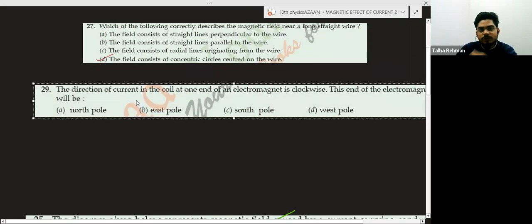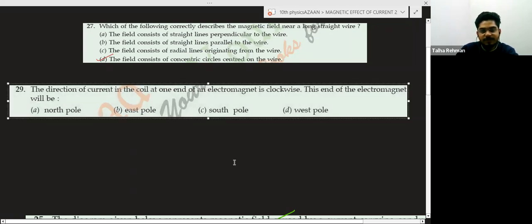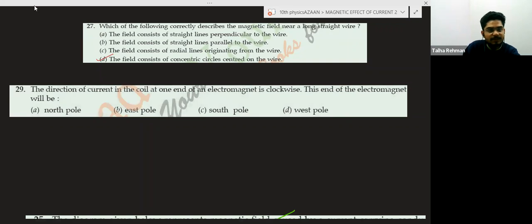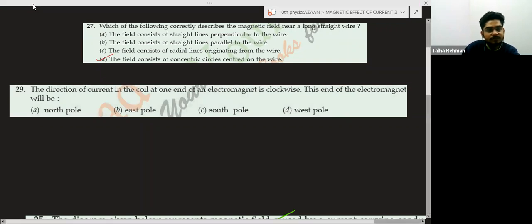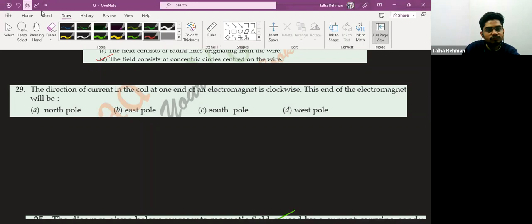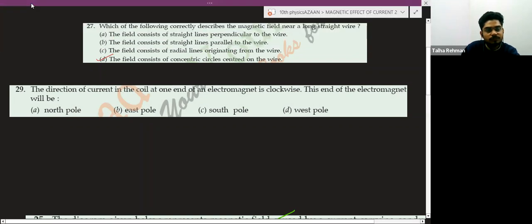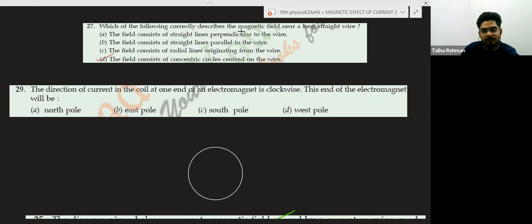Now this question. The direction of the current in the coil at one end of the electromagnet is clockwise. The end of the electromagnet will be, basically they are saying there is a coil like this, and the current in this coil is in the clockwise direction.